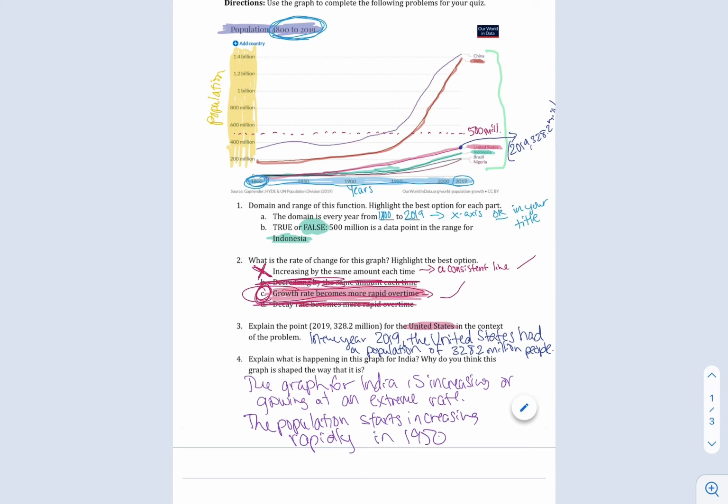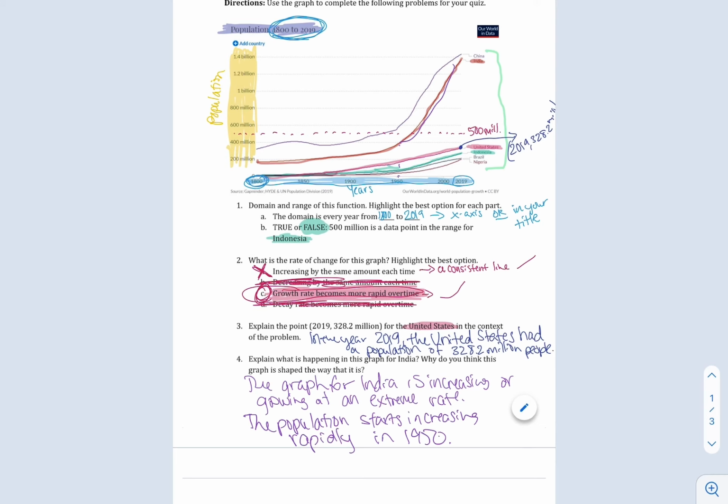Okay, because if we look here, around 1950, that's when we really have a big jump. So the population starts increasing rapidly in 1950. Right. And any other way you can describe it. So anything you can think of, you can add that there as well.